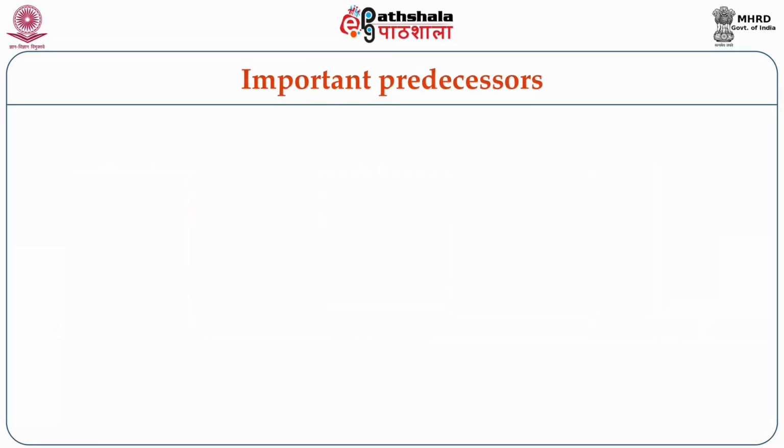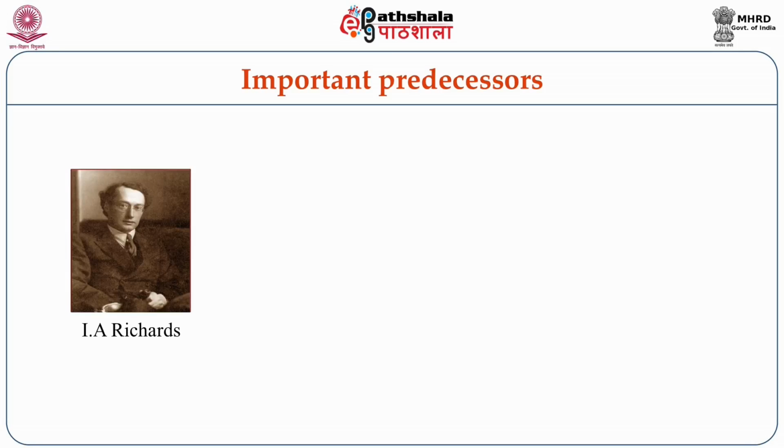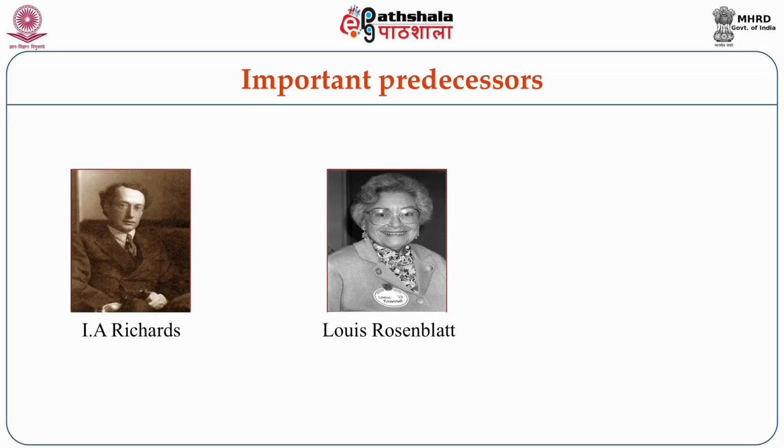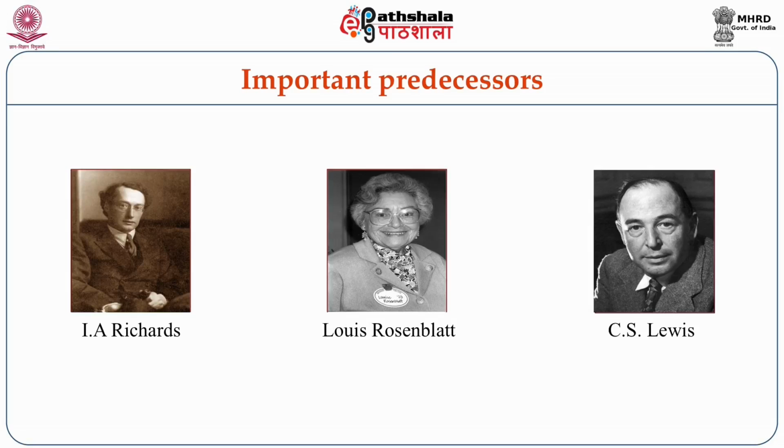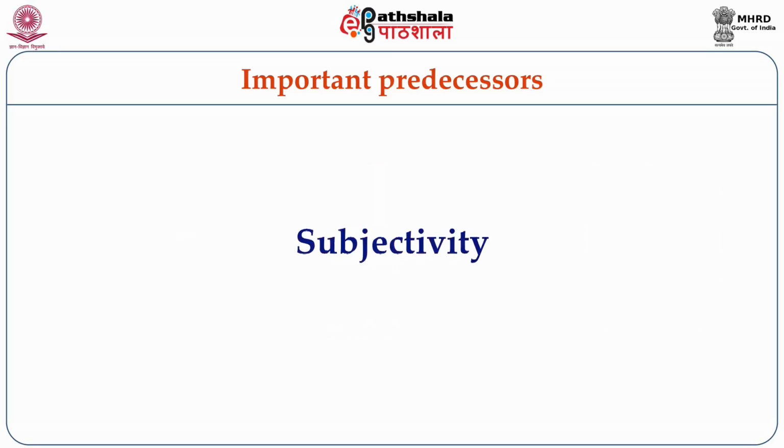And some of their important predecessors are I.A. Richards, Louise Rosenblatt, and C.S. Lewis. Now, the emphasis of this theory is on subjectivity. As we delve into the subject further, you will realize it for yourself.